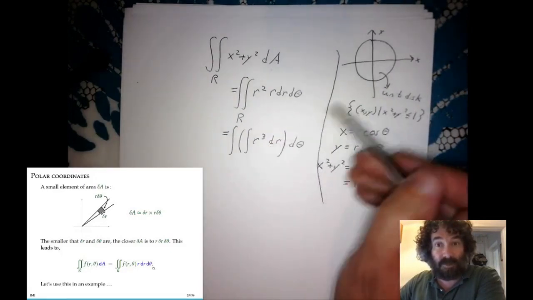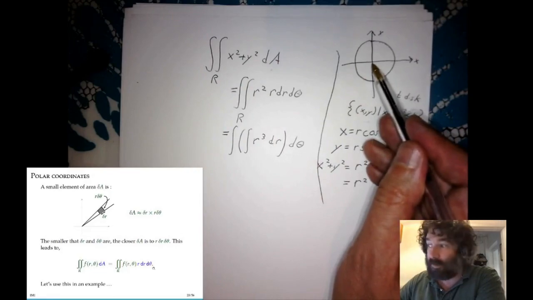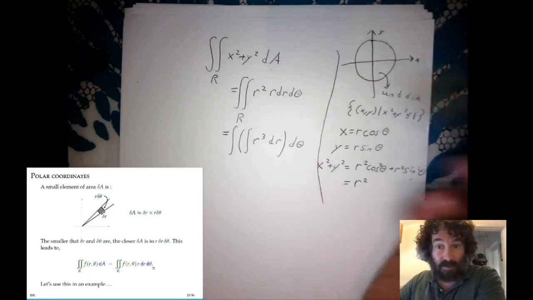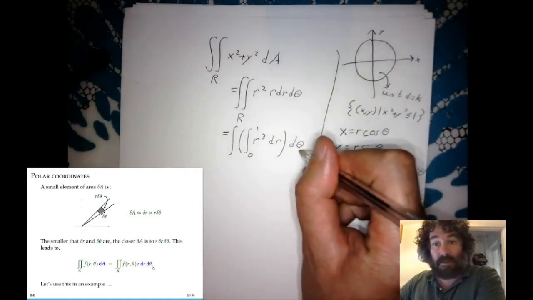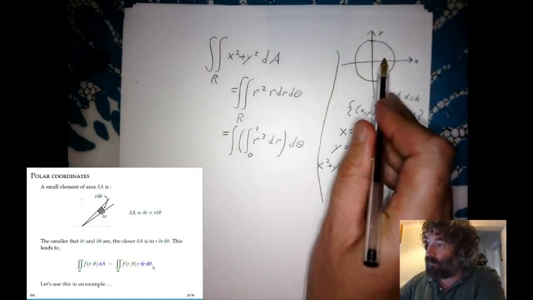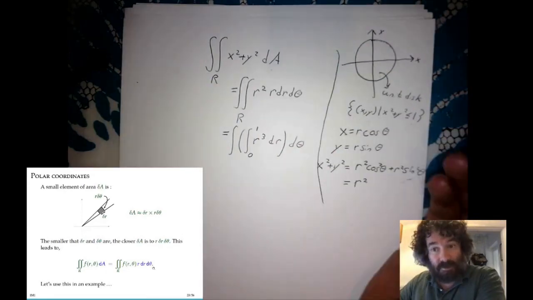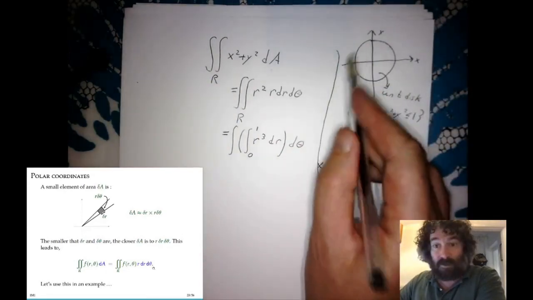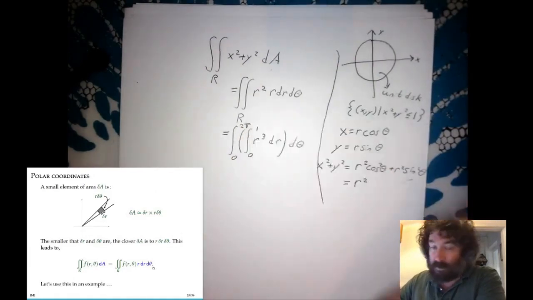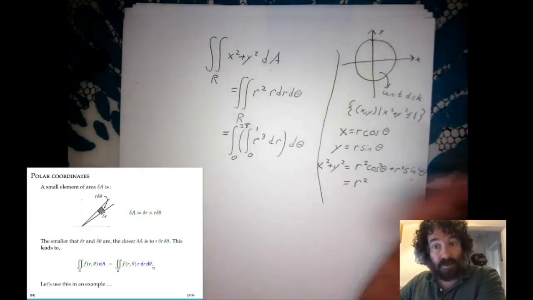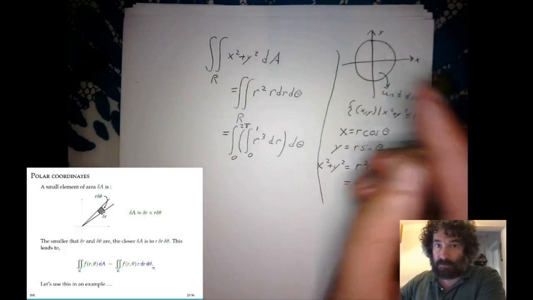So that means the distance from the origin goes from 0 at the origin out to 1 at the boundary of the unit disk. Now r goes from 0 to 1. And the angle theta goes all the way from 0 to 2 pi because it's the entire unit disk. We take all of the angles from 0 to 2 pi. So these are the limits that we need to use when we do the integral with respect to polar coordinates.